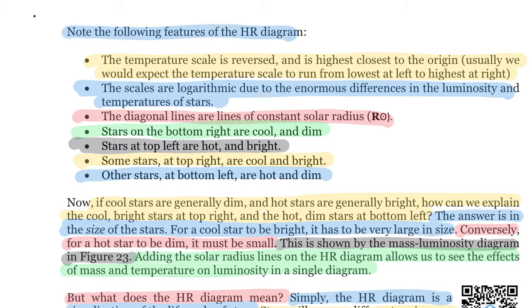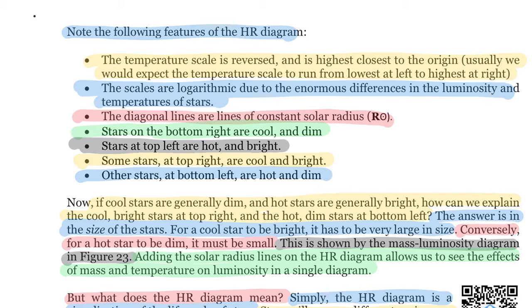So to have a high luminosity with a low surface temperature, the A factor, the surface area, has to be huge, and that is obviously for a huge star. That is how a cool star with a low T can still have a high L if the surface area of the star is very big.